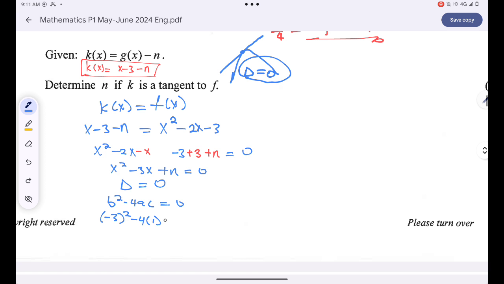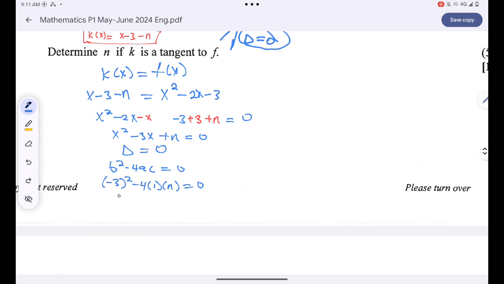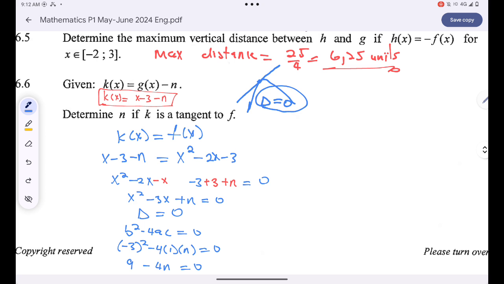Any term that does not have x is regarded as a constant, so we have n over there. This will give us 9 minus 4n equal to 0. Then negative 4n is equal to negative 9. If you divide both sides by 4, then n is 9 over 4. Therefore, n is 9 over 4.